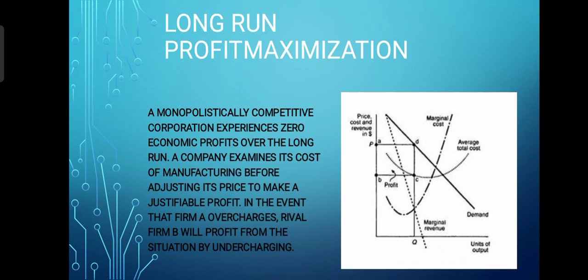For profit maximization, two conditions must be fulfilled, namely the first order condition. Under the first order condition, you will see marginal revenue. Marginal revenue can be defined as the revenue generated from the sale of the last unit of output.